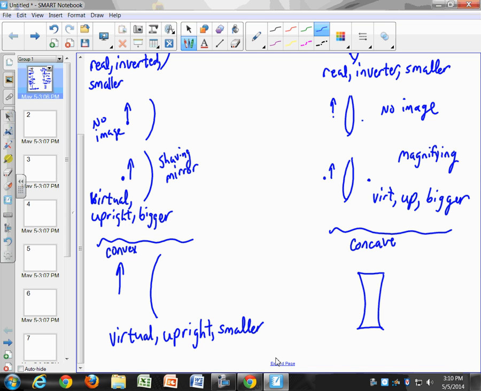For both of these, also, these both have a negative focal length. So if you have a problem that has a concave lens or a convex mirror, you'll need to put the focal length as a negative value. Likewise, up here, we have positive focal lengths for both of these, the concave mirror and the convex lens. Converging devices have a positive focal length.